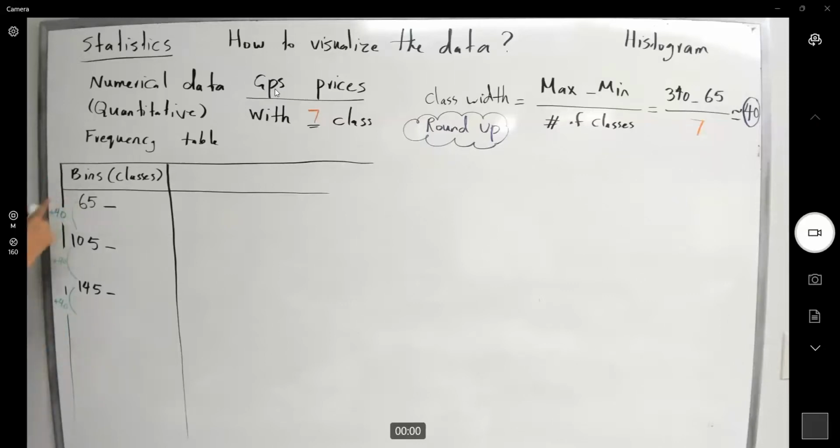So far I have 1, 2, 3, now 4 classes, 185, add 40, 225, add 40, and the last class plus 40, 305.